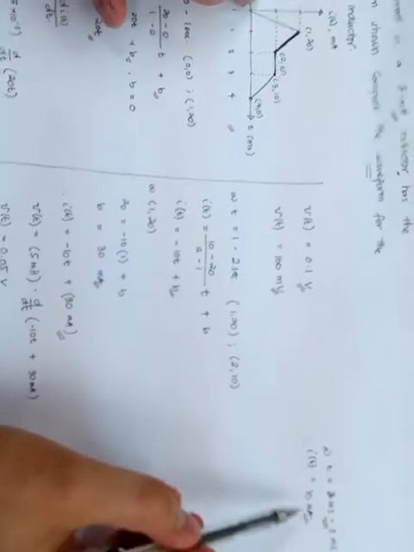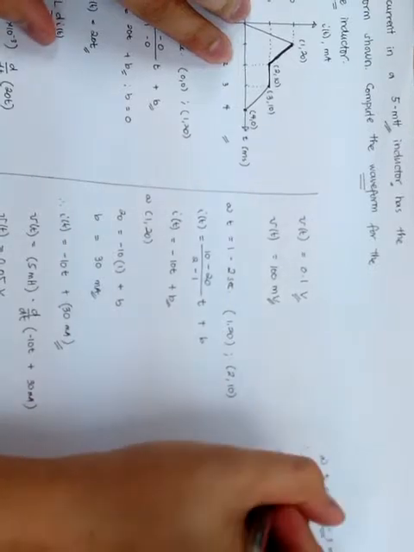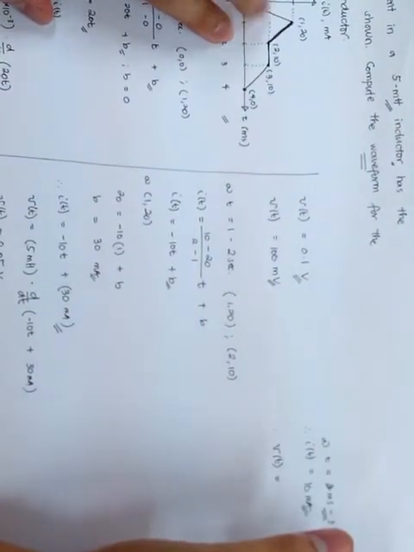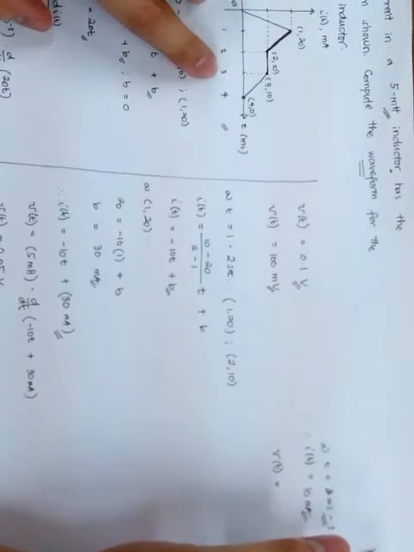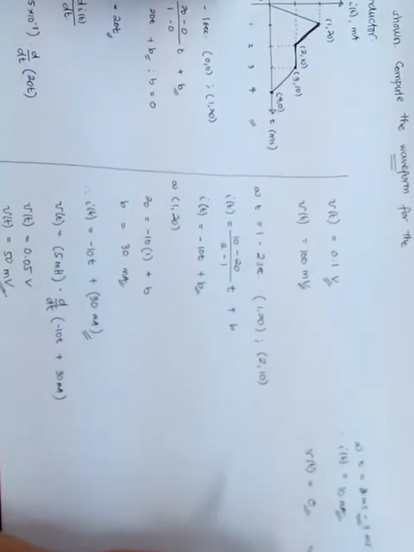Since we have a constant value for the current at 2 to 3 milliseconds, therefore we can conclude that the voltage across the inductor at this instance is 0, since we have a constant current.